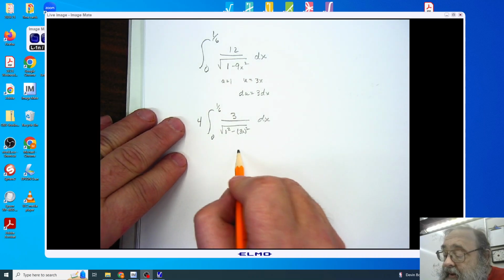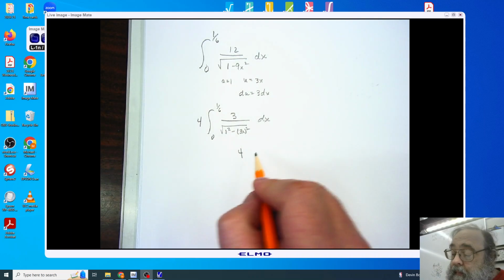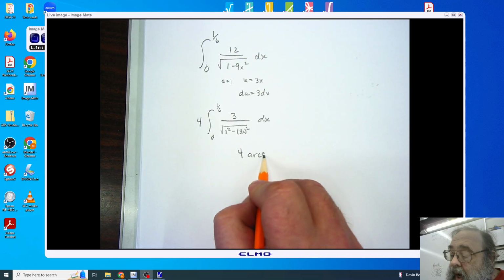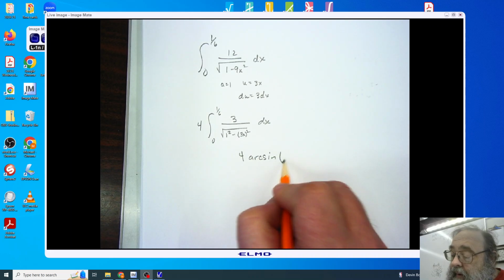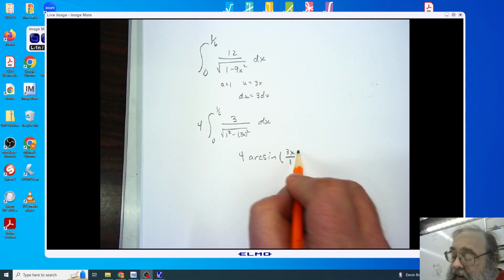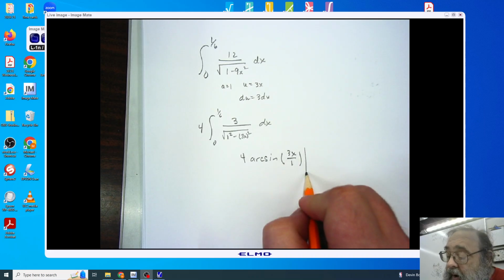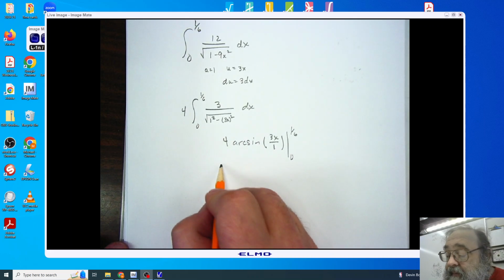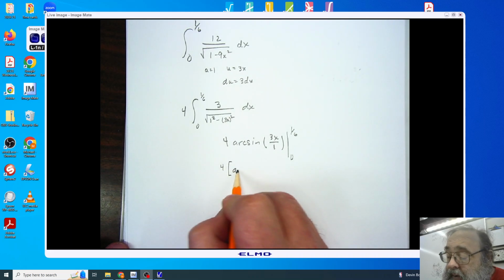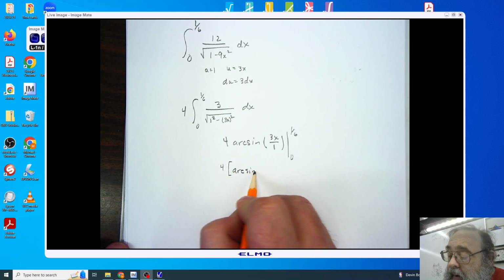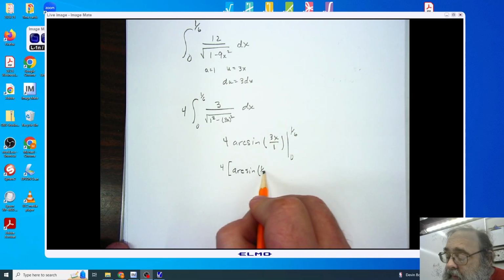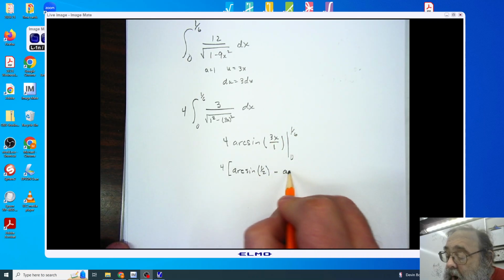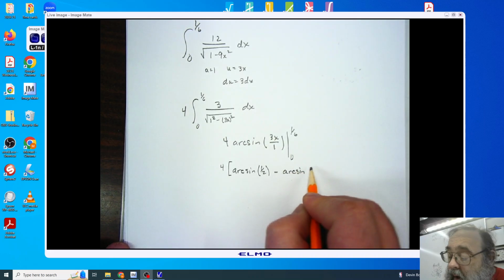So I'm looking at 4 times my arc sine of 3x over 1, and we're going from 0 to 1/6. That's going to give me 4 times the arc sine of 1/2 minus the arc sine of 0.